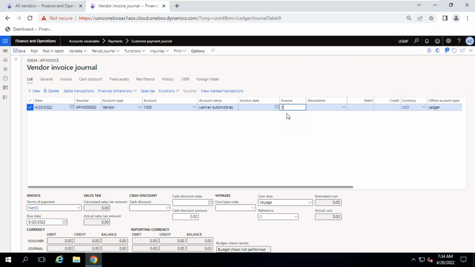Invoice number is a must. You need to enter the invoice number, whatever you have received from the vendor. Date is not mandatory, but best practice. Suppose I have purchased tissue papers.